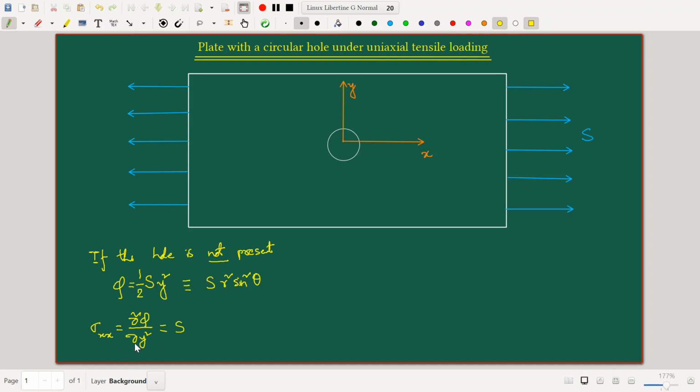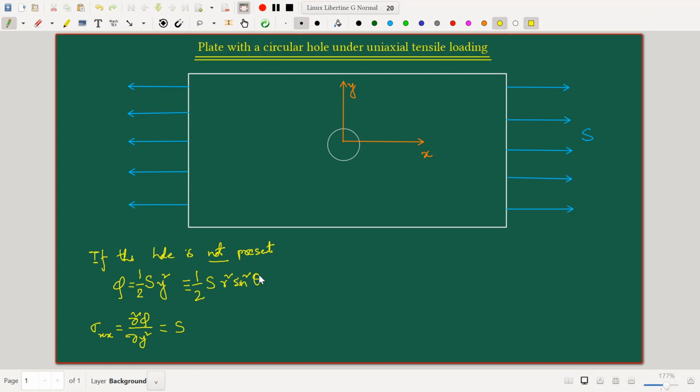For now, after convincing ourselves that this kind of an Airy stress function does actually give us the sigma xx, we know this very well. What are the forms of the corresponding stress components in the polar coordinate system? What are the expressions of sigma rr, sigma theta theta, and sigma r theta corresponding to this half s r square sine square theta?